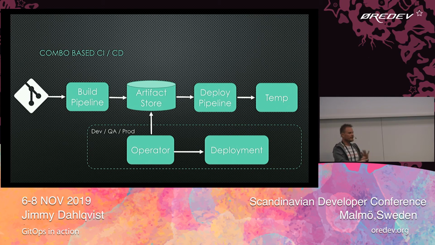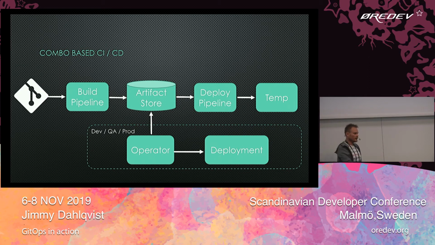And when you feel comfortable with the change, you know, okay, everything is working, you can merge the change in Git if you build it off pull requests, or you can just tag the artifact in the artifact store saying that this is now ready for production, it's ready for QA.